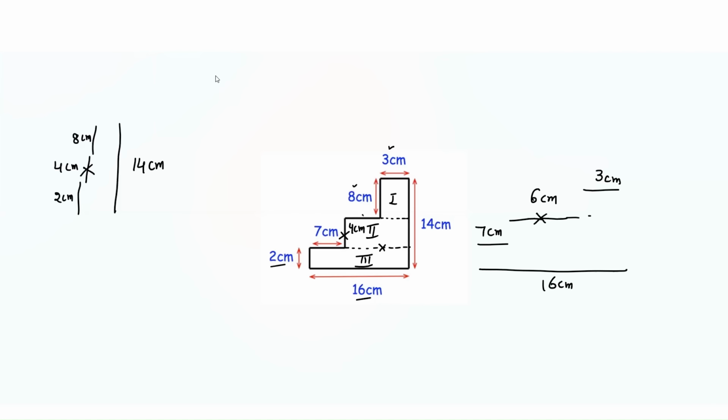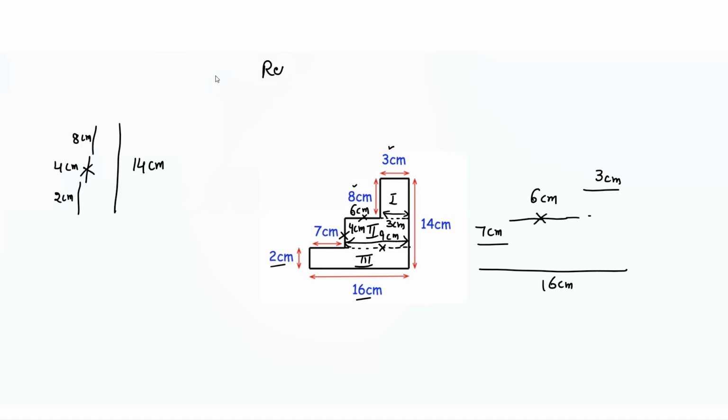So that means this is given to us how much? 6 centimeter. Now this is 6, and if you see this one, how much is it? This is 3 centimeter. So we need this total. That means 6 plus 3 is equal to 9 centimeter. So that is the dimension for your second rectangle.